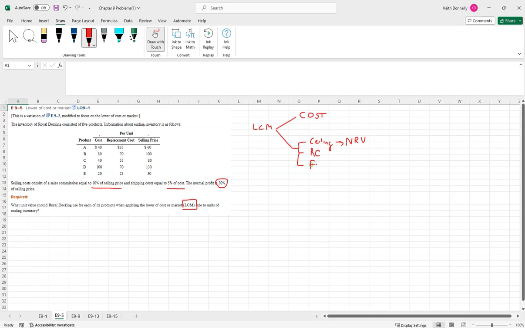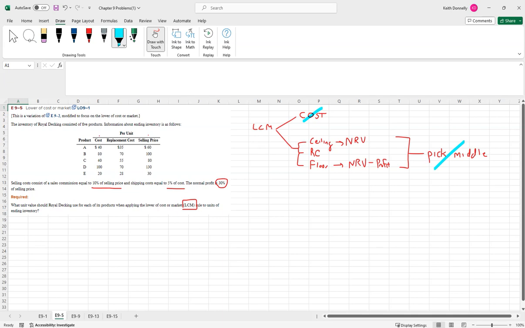And then you have the floor, which is your NRV minus the profit margin on that. What you do here is you figure these out, 1, 2, and 3. You list them out, and then you pick the middle value of it. Afterwards, you compare the cost with the middle, and whatever the smaller is, that's what you're going to value it at.